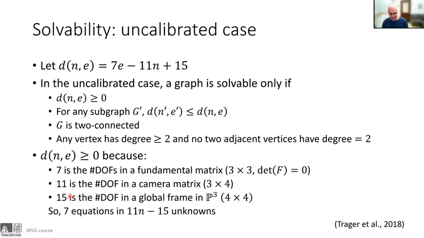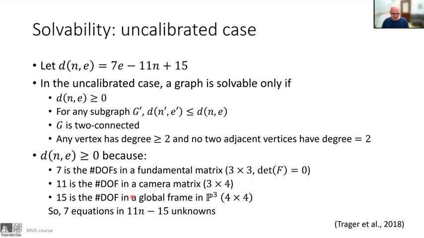It means that if I put 3-dimensional points in the projective space and change their coordinates, that would require me to multiply them by a 4 by 4 matrix up to scale. So a global coordinate frame is determined by 15 degrees of freedom.